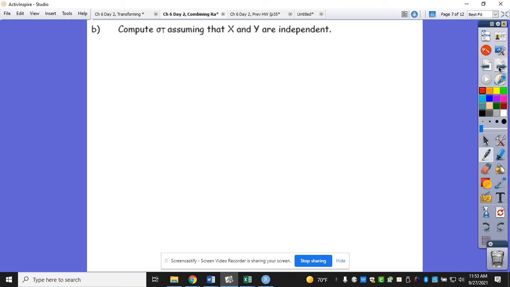Alright, so how do I figure out sigma of t? Sigma of x was 0.9434. Sigma of y was 0.6403.